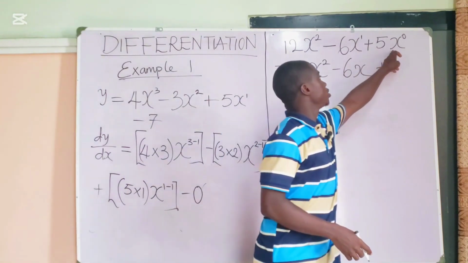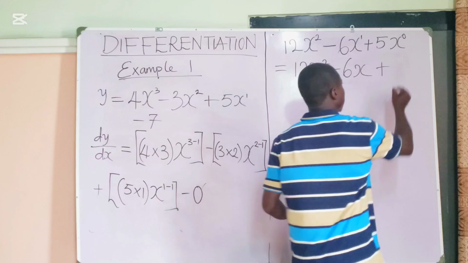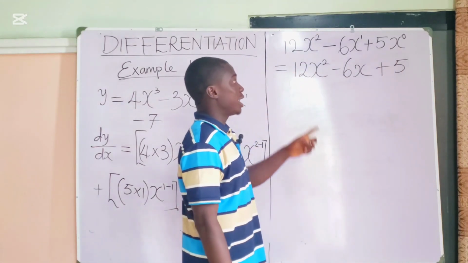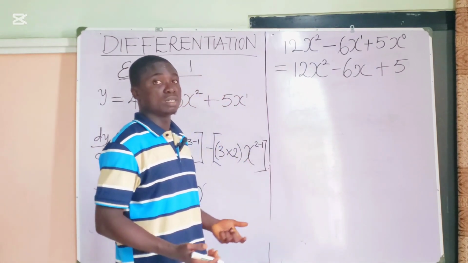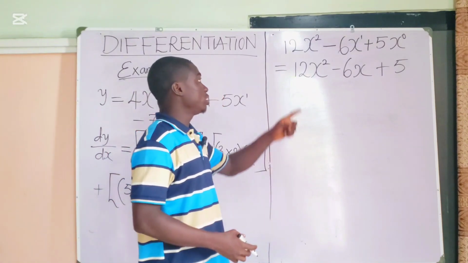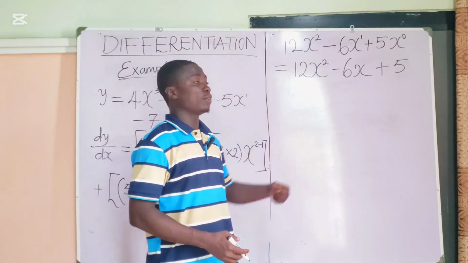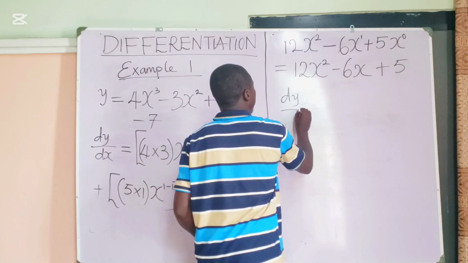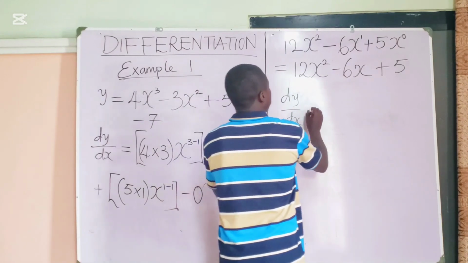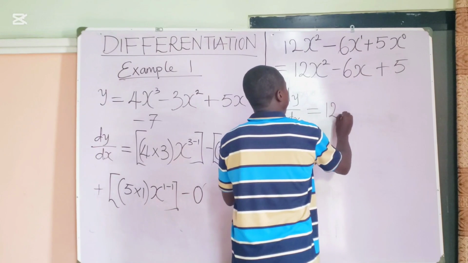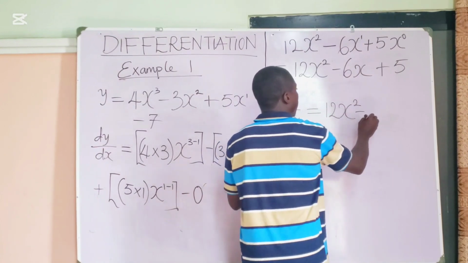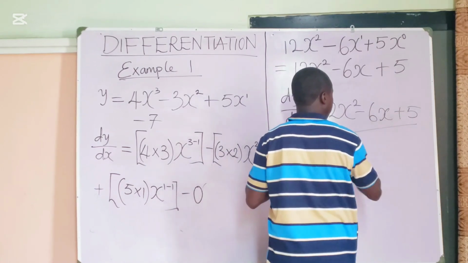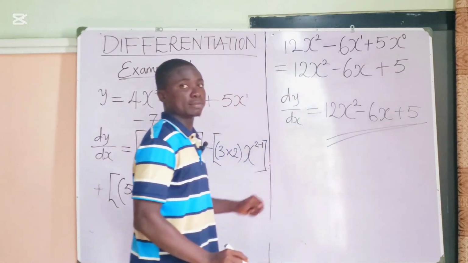Therefore, 1 multiplied by 5 is the same thing as 5. So therefore dy all over dx is equal to 12x raised to power 2 minus 6x plus 5. So this is our final answer.